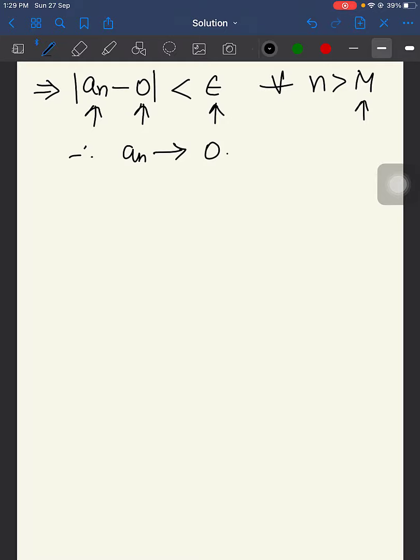So let's say think of an to be (-1)^n. Think an to be -1, 1, -1, 1, -1, 1 and so on.